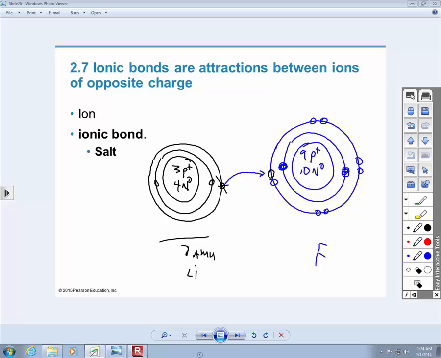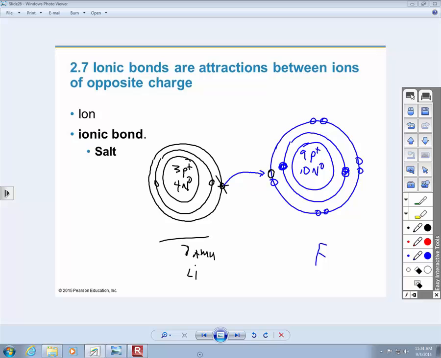So the first shell of lithium has 2 electrons. It's filled. And if you go over here to fluorine, fluorine has 8 in its last energy shell. The valence shell has 8. It's filled. So the second shell is filled with 8 for fluorine, and the first shell on lithium is filled with 2. It's a stable compound. You've got lithium fluoride.